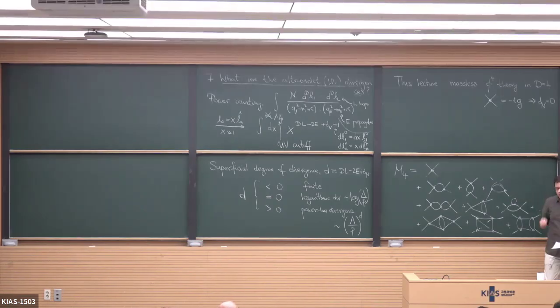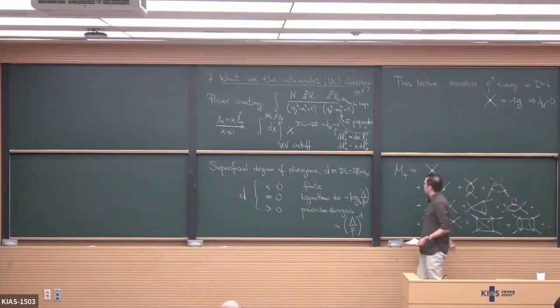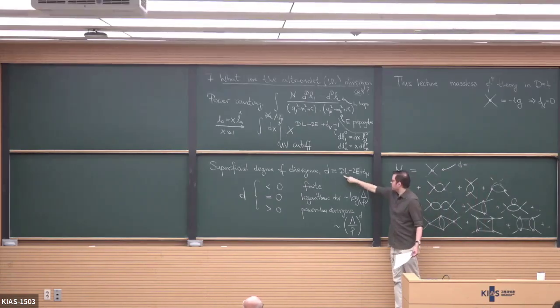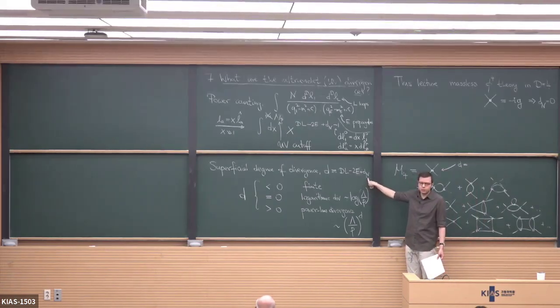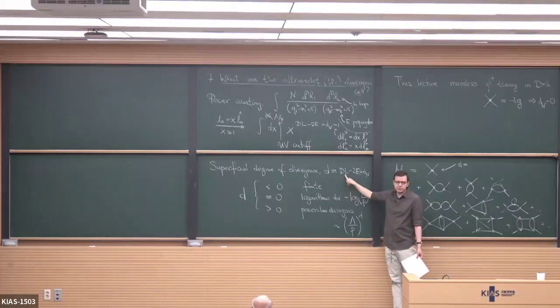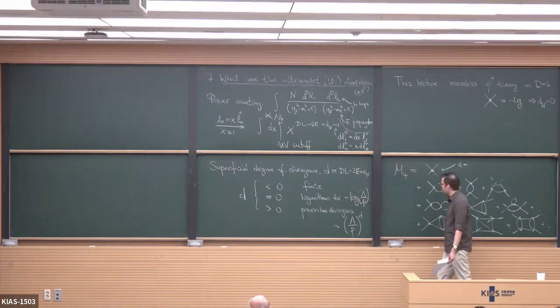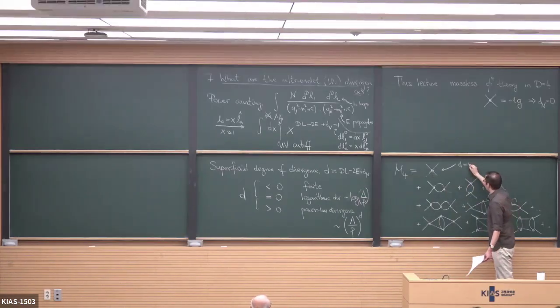Okay, so let's do a very simple exercise and try to compute the degree of divergence of all of these graphs in here. Let's start at tree level. At tree level, we're going to use this formula here with D equal to 0. Well, the number of loops at tree level is 0, and the number of internal propagators is 0. So that means that this diagram here has D equals 0.